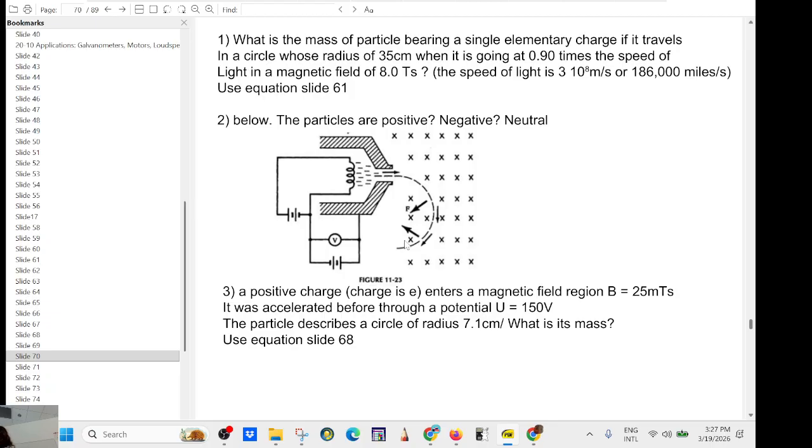Radius is 0.071 squared, times B squared, which is 25 times 10 to the negative 3 squared, over 2 times 150.